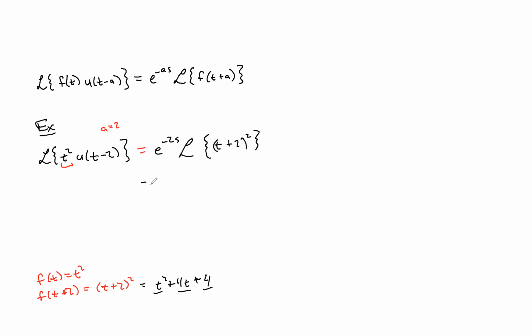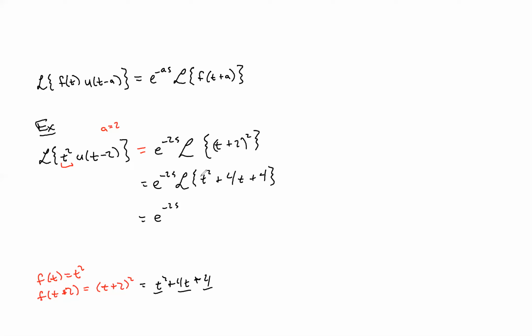All right, so this is e to the negative 2s times the Laplace transform of t squared plus 4t plus 4. So I have e to the negative 2s. And then we do the Laplace transform of each of these just straight from our table, 7.1 on page 356.